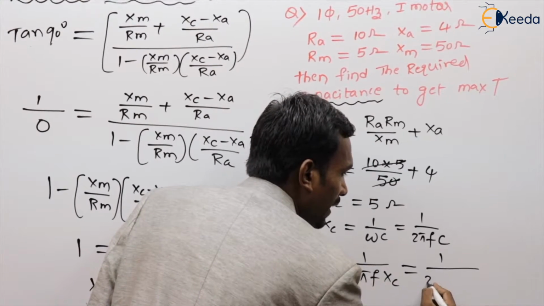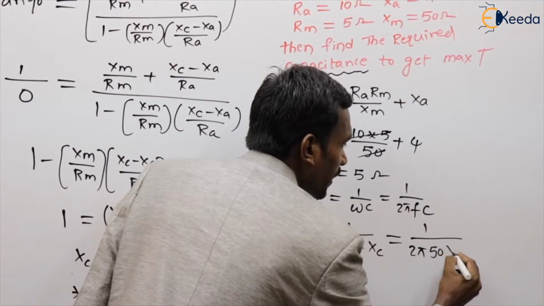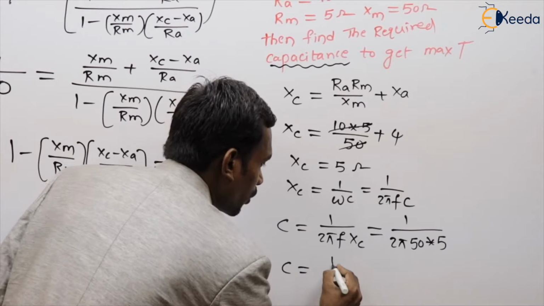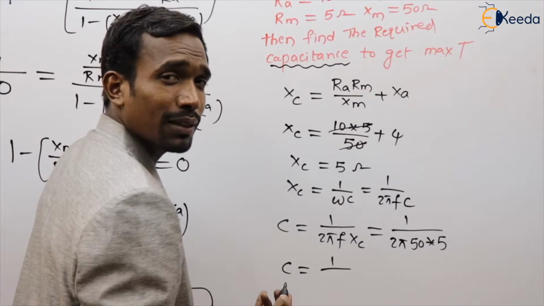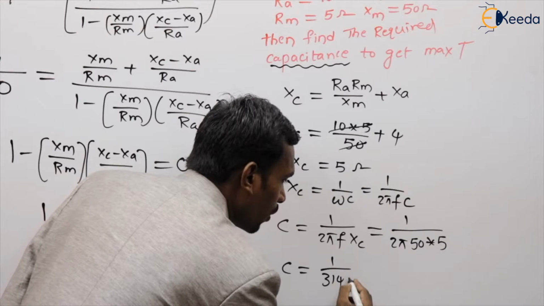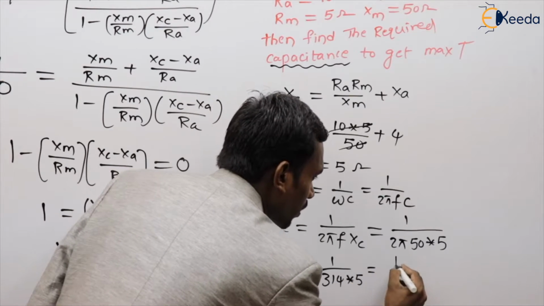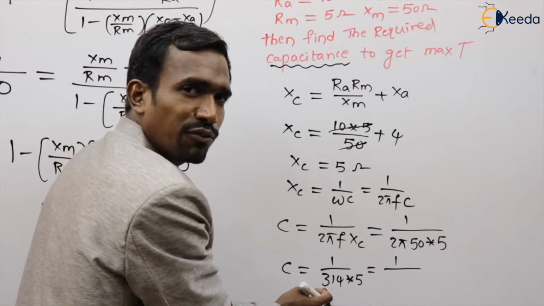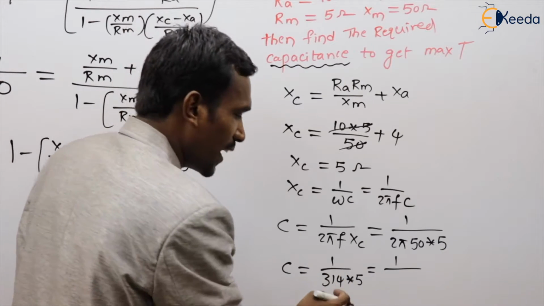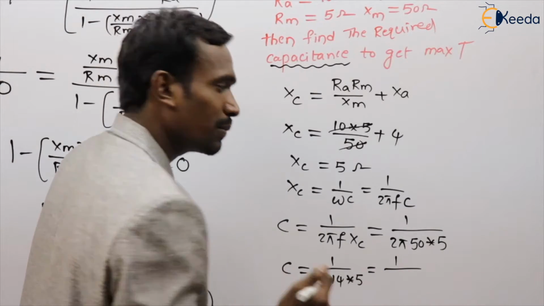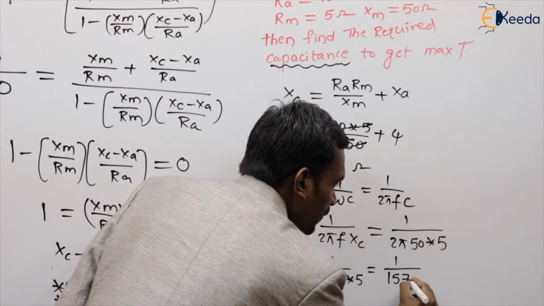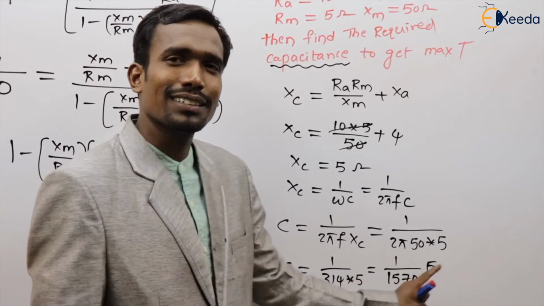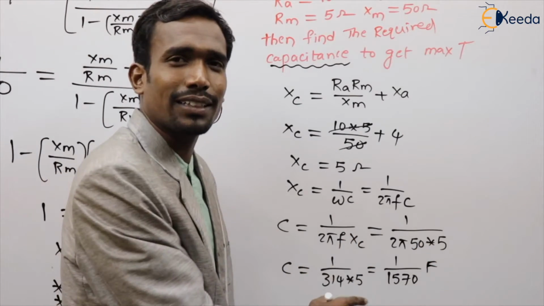C is equal to 1 by 2 pi f, value 314 into 5. So that is 1 by 1570. 5 threes are 15, 5 ones are 5, 5 fours are 20. So 1 by 1570 farads. This is the 100% correct answer.